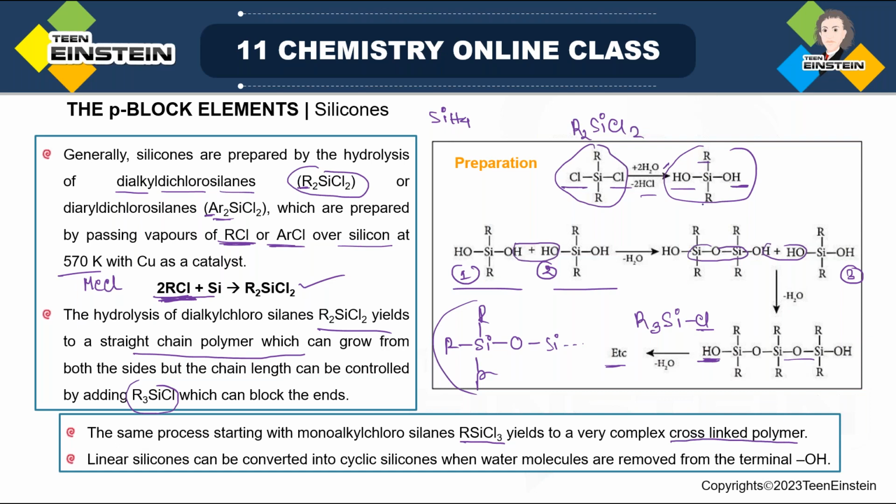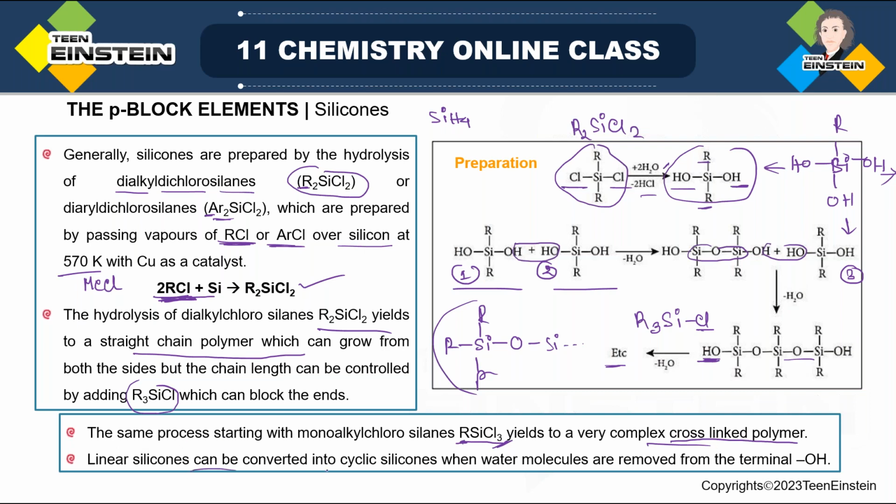Because now instead of 2 R, you have only 1 R. That means a total of 3 chlorine, so there will be a total of 3 OH when you are doing hydrolysis. Instead of 2 OH, now you have 3 OH. So you can continue the chain on 3 sides. That is why there is a chance of a complex cross-linked polymer. But in that case, you have to start from RSiCl3.